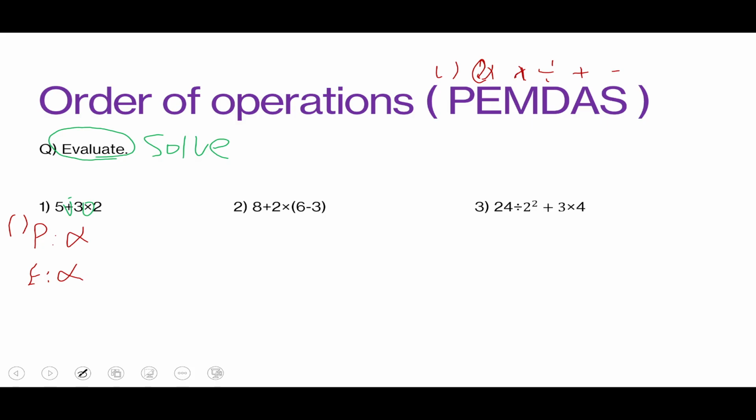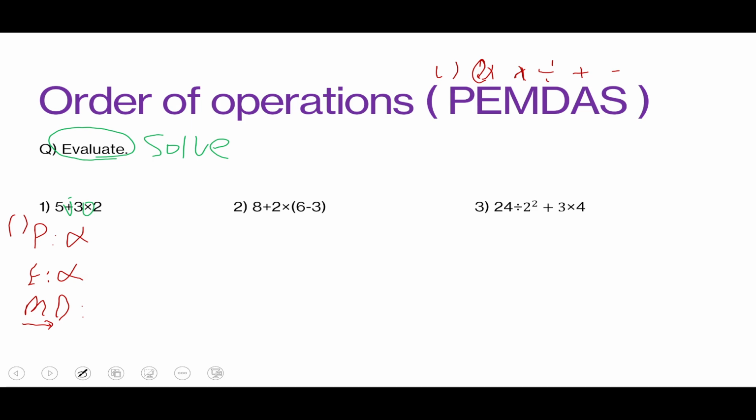Go to the third one, multiplication and division, they are in the same step. We need to write them together, multiplication, division, in order from left to right. So we have 5 plus 3 times 2.